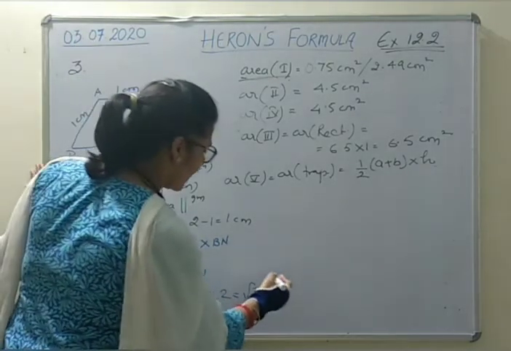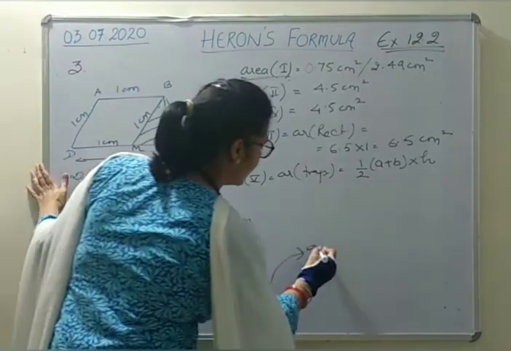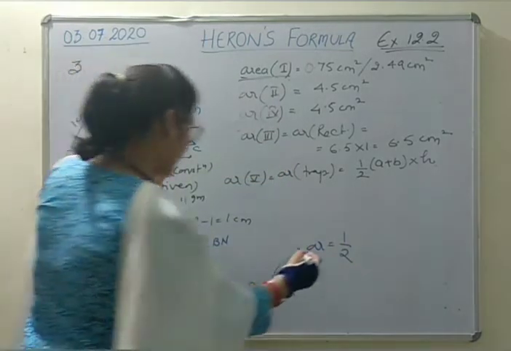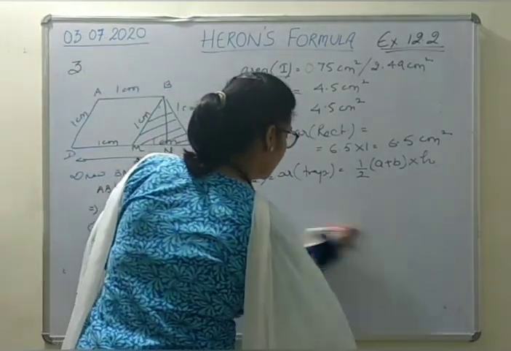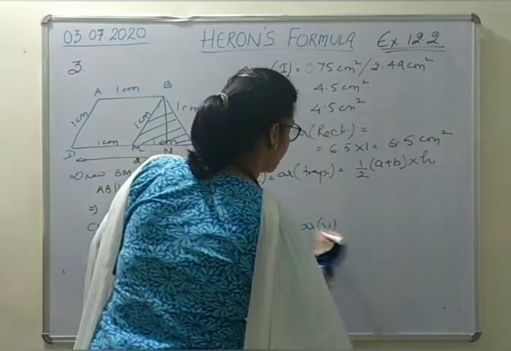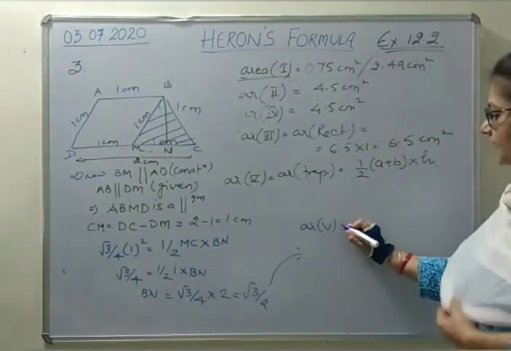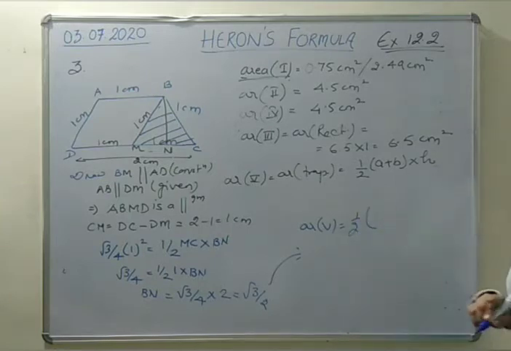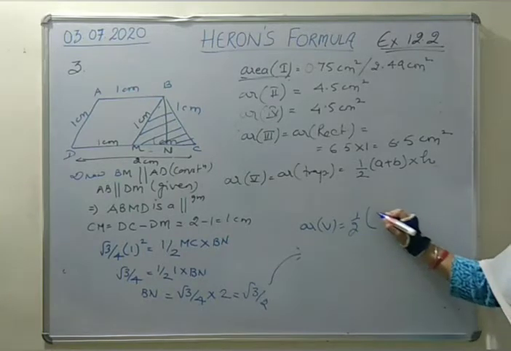So if the measure of the height is this, what will be the area? The area of portion 5 will be, what will this be? Half (A plus B). What is A? 1.